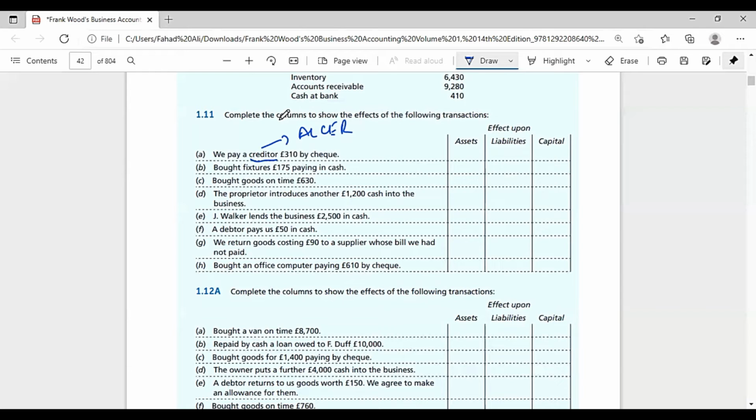Will the liability increase or decrease? Decrease once we pay. So this is what is happening in this part A. We pay a creditor 310 by check. Yes, so the liability is decreasing. So what is the effect of this?